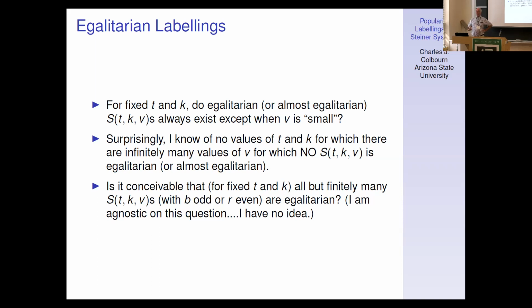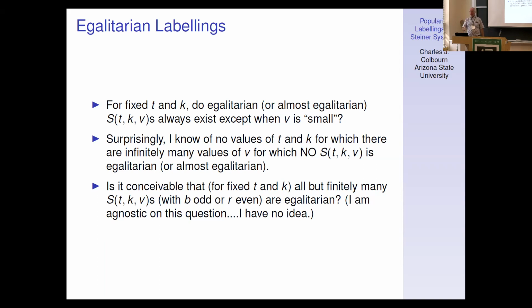It seems reasonable at this point to ask the question: if I fix a t and a k, do egalitarian or almost egalitarian systems exist, except when v is small? And I don't know any values of t and k where I can prove that there are infinite classes of systems that are not egalitarian or almost egalitarian.